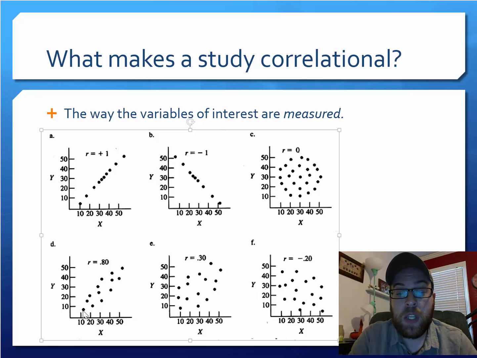What we see here is that this person scored about a 12 on variable X and about an 8 on variable Y. When we look at the overall pattern of these responses, what we see is something that approximates a line with a positive slope that goes up and to the right.